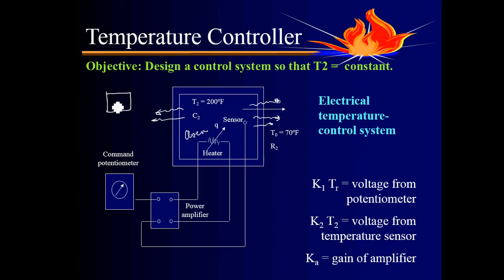Here's your oven, and this is the output, in this case the temperature. And here you will have a measure that goes back like this. So this is your sensor, this measure here.